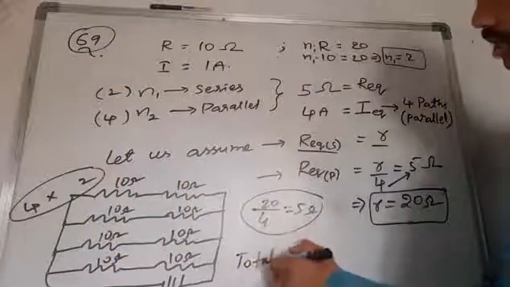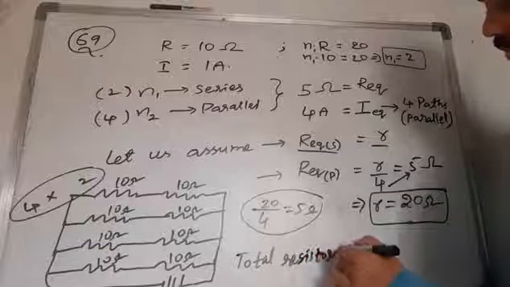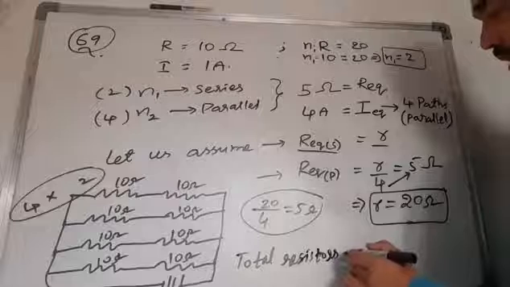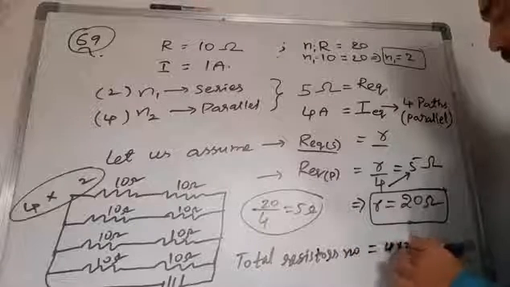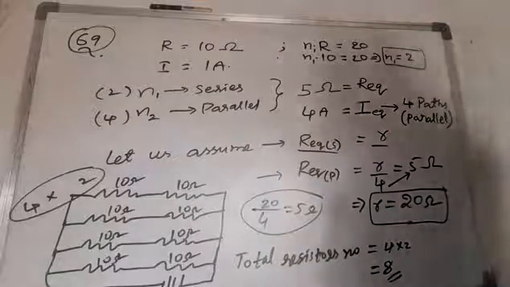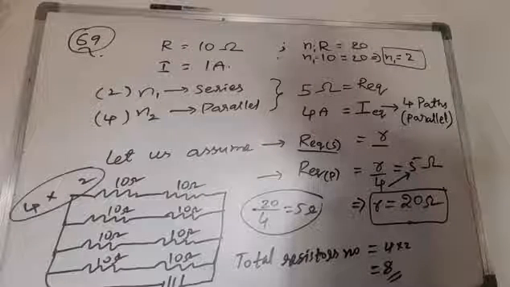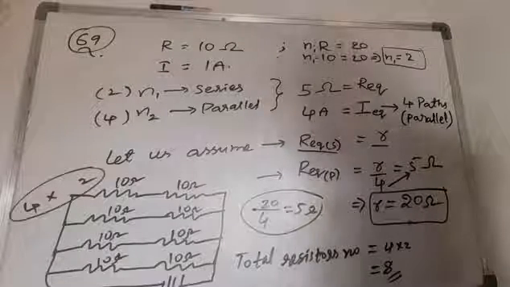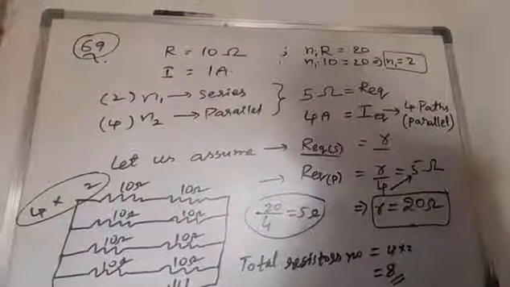The total number of resistors is equal to 4 into 2, that is equal to 8 resistors we require. Okay, total 8 resistors we require.